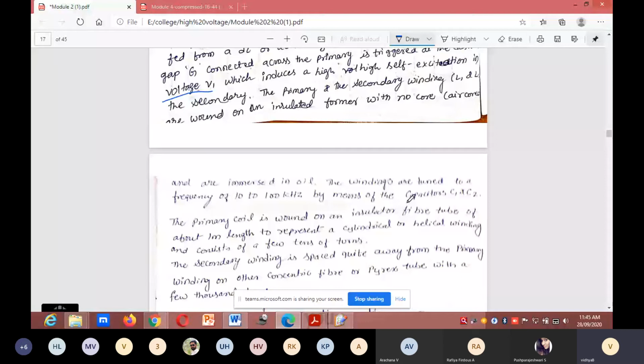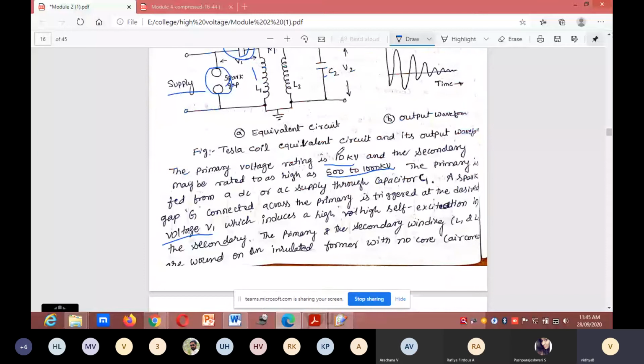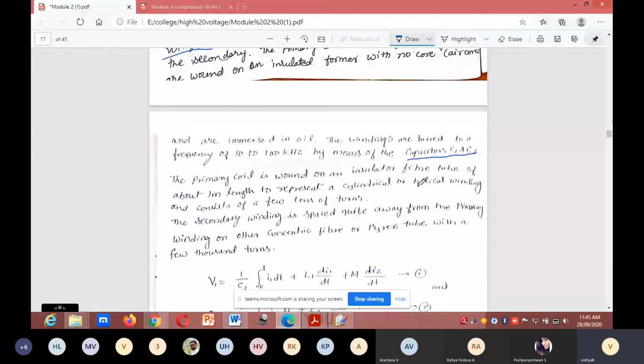The primary coil is wound on an insulating fiber tube of about 1 meter length, a cylindrical or helical winding, and consists of a few tens of turns.